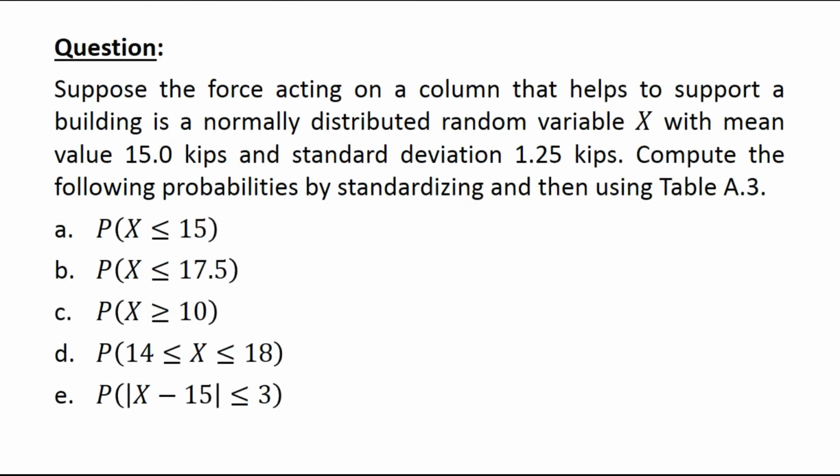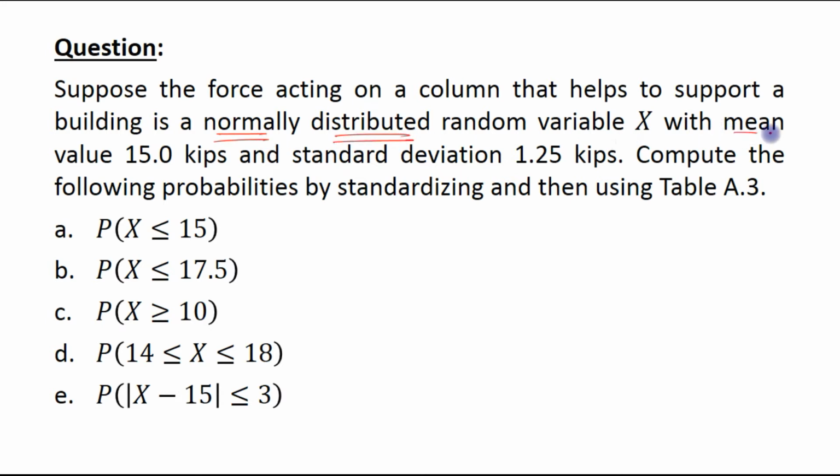Okay, now this question. Suppose the force acting on a column that helps to support a building is a normally distributed random variable x with mean value 15 kips and standard deviation is 1.25 kips. Compute the following probabilities by standardizing and then using table A.3. So the relevant information in this question is, first, that the random variable is normally distributed.